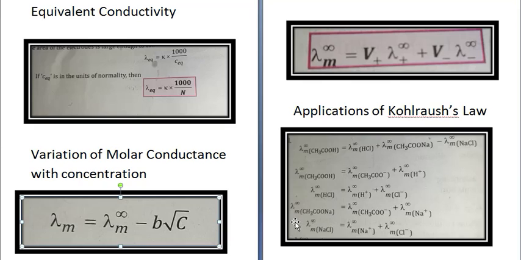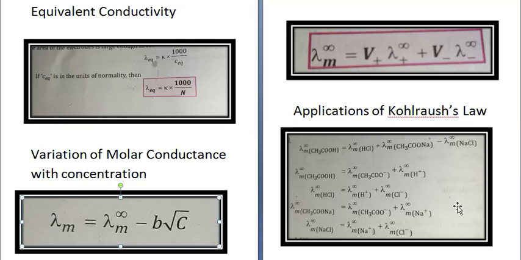Same way, lambda m infinity of CH3COONa is equal to lambda m CH3COO minus infinity plus lambda m Na plus to the power infinity. So this way you will get lambda m NaCl is equal to lambda m Na plus plus lambda m Cl minus. That means cations and anions you have separated. So this way you can take out.